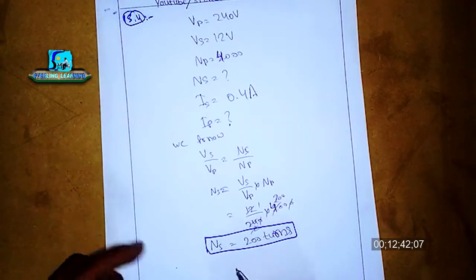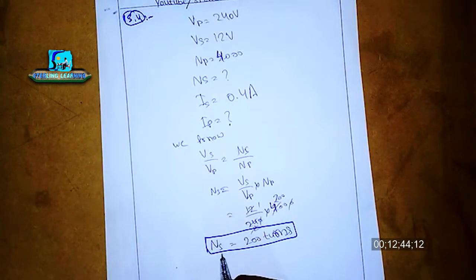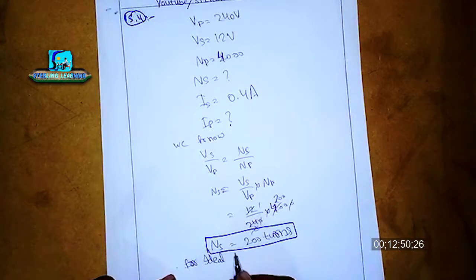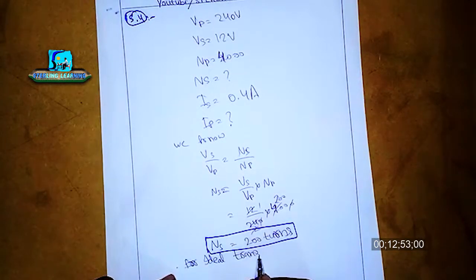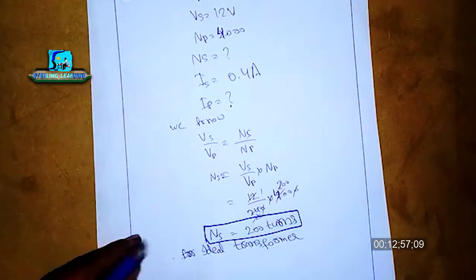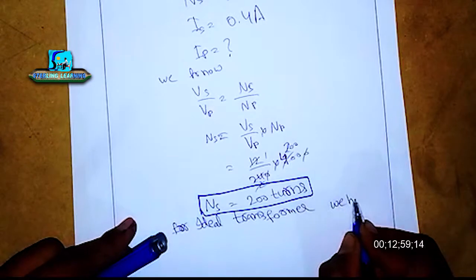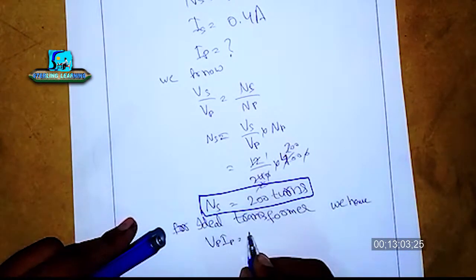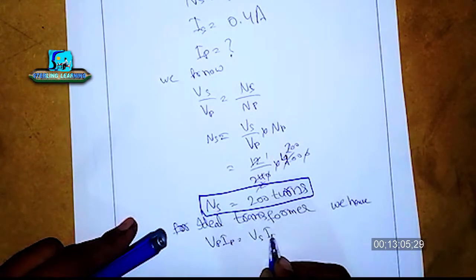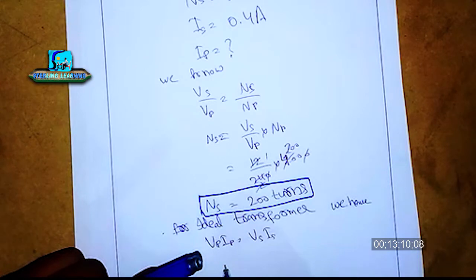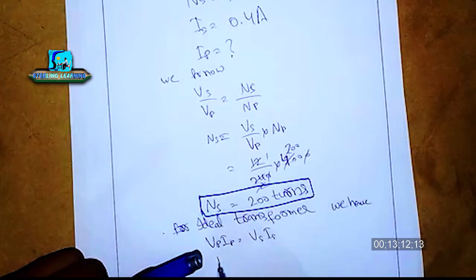And second is Ip. So we know for an ideal transformer, Vp Ip is equal to Vs Is, and we need to find Ip.